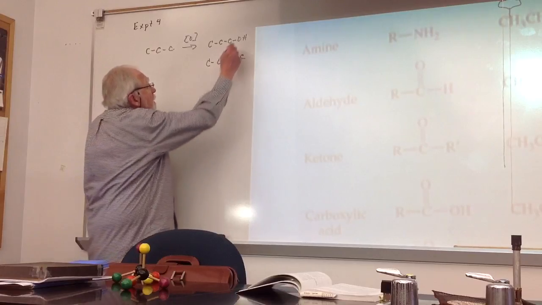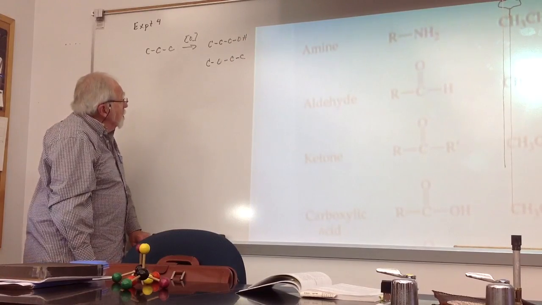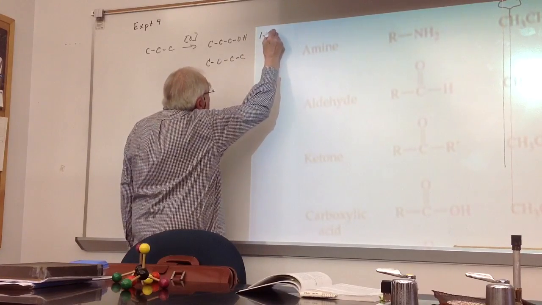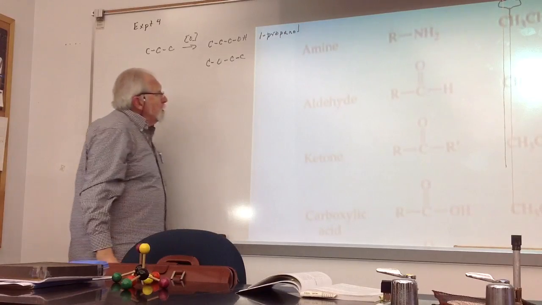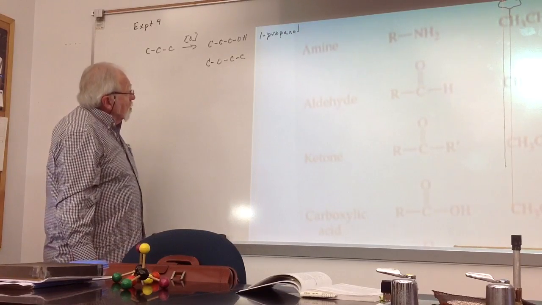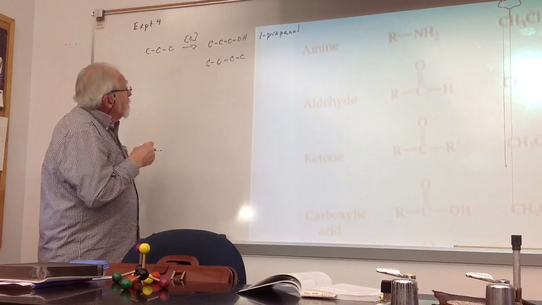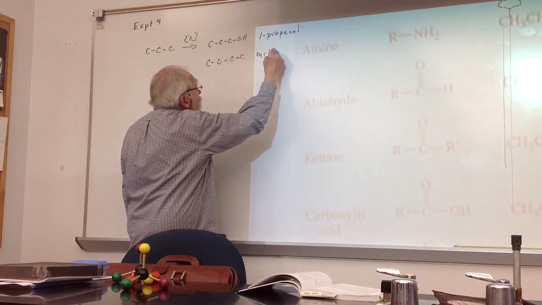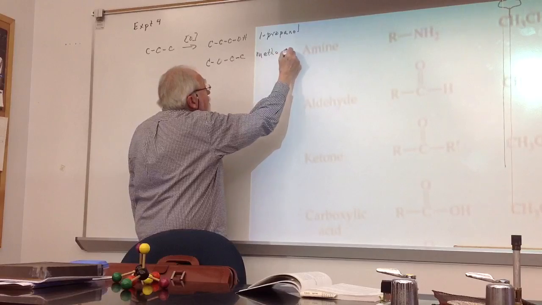We usually don't put a dash here. Okay? So this one, for instance, would be 1-propanol, or propane-1-ol, if you want to do it that way. This would be the shorter carbon chain with the oxy, then the longer carbon chain.